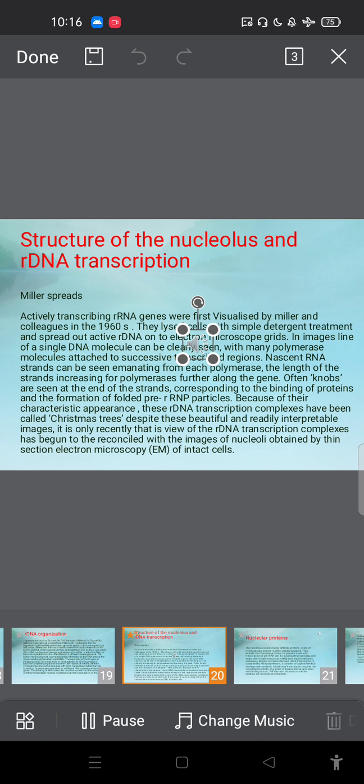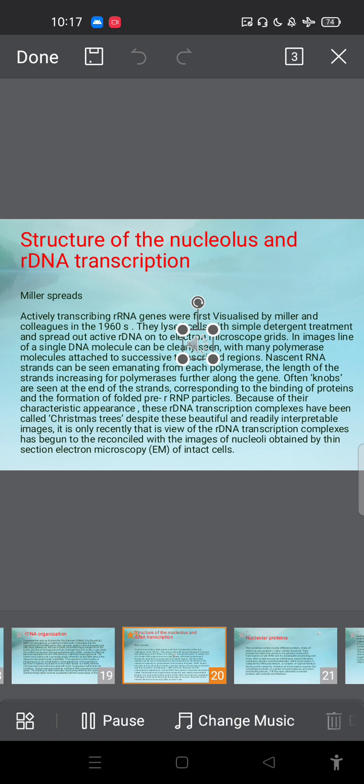Structure of nucleolus and rDNA transcription. Miller's threads. Actively transcribing rRNA genes were first visualized by Miller and colleagues in the 1960s. They lysed cells with simple detergent treatment and spread out active rDNA onto electron microscope grids.